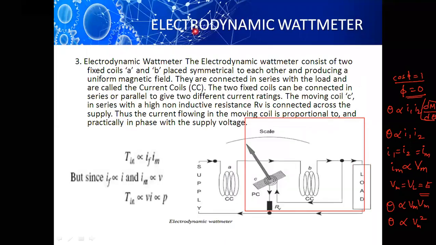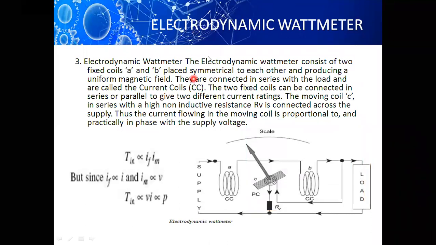Now we'll go for the electrodynamometer type wattmeter. The electrodynamic wattmeter consists of two coils A and B placed symmetrical to each other and producing a uniform magnetic field. They are connected in series with the load and hence called the current coil. How we connect these coils is very important. You can see that we have the supply here and the load here.